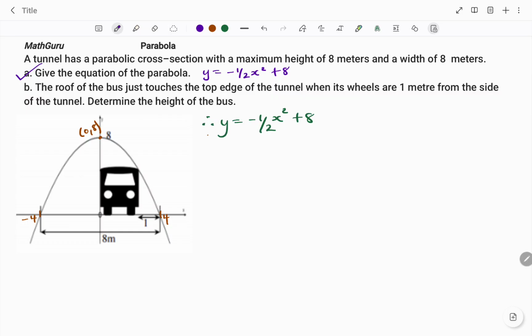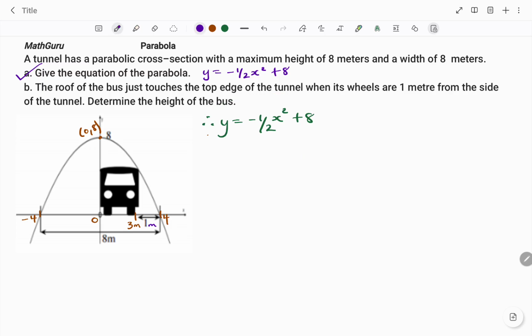We've been told that the roof of the bus just touches the top edge of the tunnel when its wheels are 1 meter from the side of the tunnel. So what it means is 1 meter from the side of the tunnel, therefore this distance from the origin 0 will be 3 meters. To determine the size of the bus, we were able to solve for the equation of the parabola as shown.